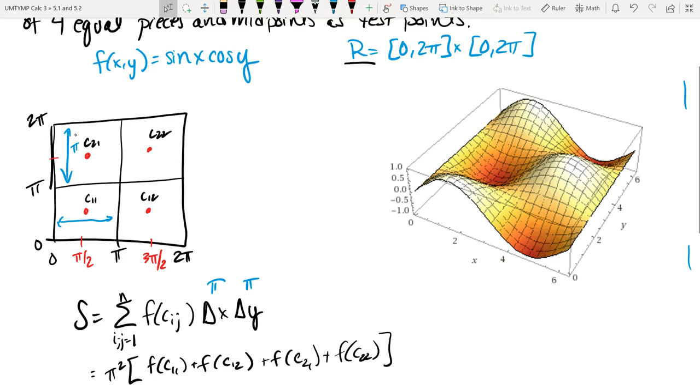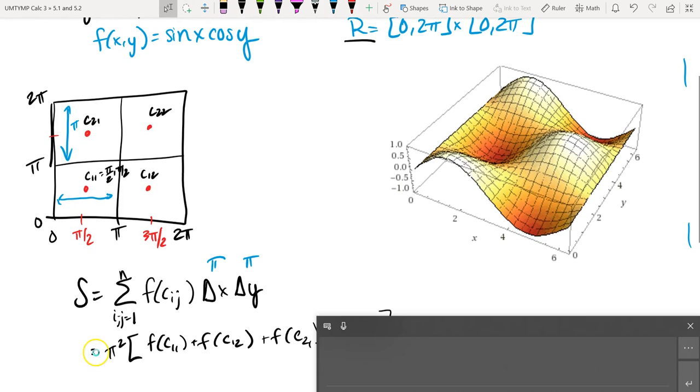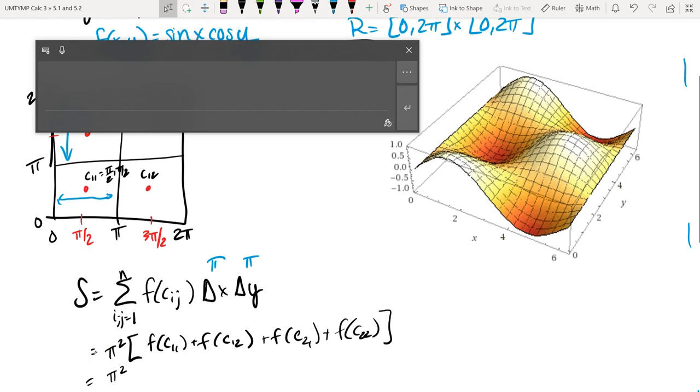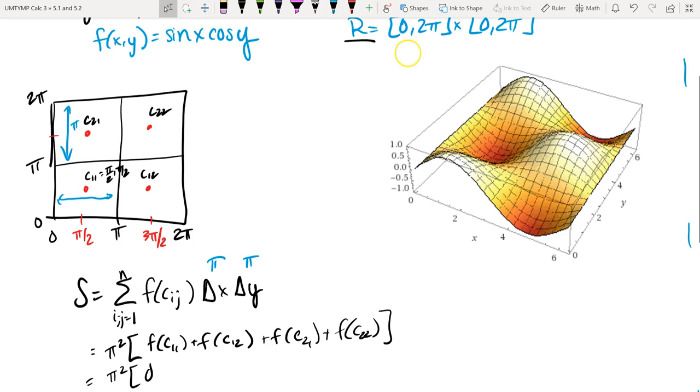And when I do this, I would need to put in pi over 2, comma pi over 2, and if I put that into my function, well, pi over 2 for cosine is 0, so that first part's going to be 0. So I'm just going to begin the evaluation here. Pi squared, and then 0, and then plus f of C12.